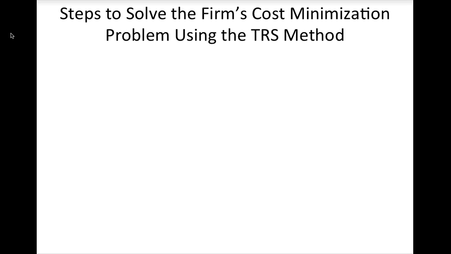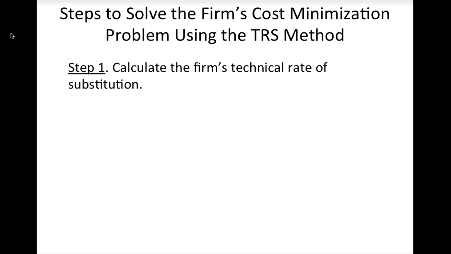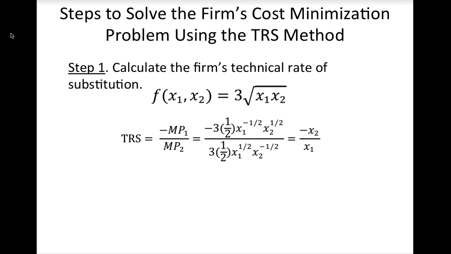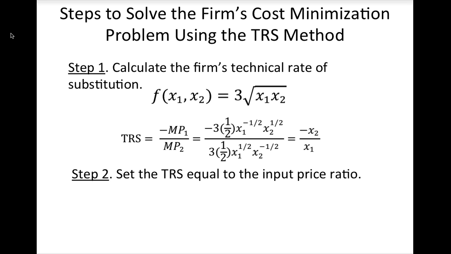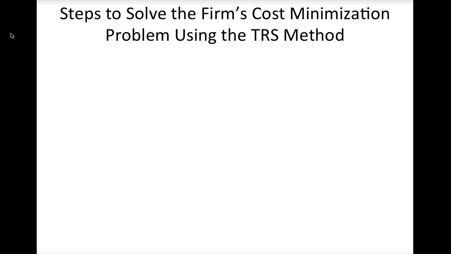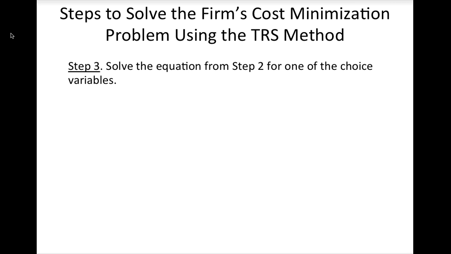Not surprisingly, the first step in the TRS method is to calculate the firm's technical rate of substitution. You should recall that the technical rate of substitution is the ratio of the marginal products, which for this production function is simply negative x2 divided by x1. Step 2 is to set the technical rate of substitution equal to the ratio of the input prices. Step 3 is to solve for one of the inputs.